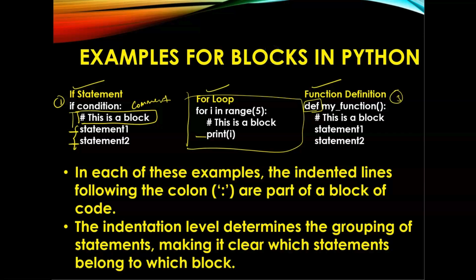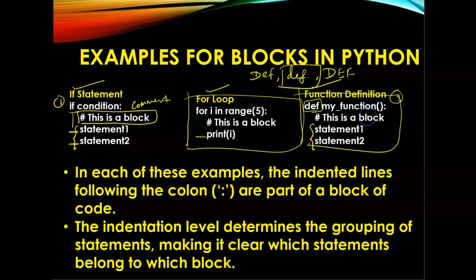They will ask you to choose the correct answer in objective type questions: what is the keyword used to define a user-defined function? They will give you options to confuse you, like capital DEF, small def, or capital D, capital E, and capital F. You should mark the second one. All the letters of def should be in small case. Statement 1 and statement 2 together form the function definition block.